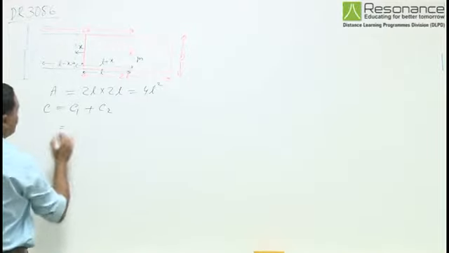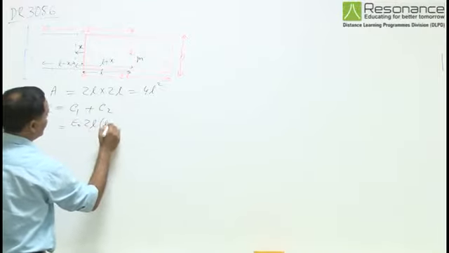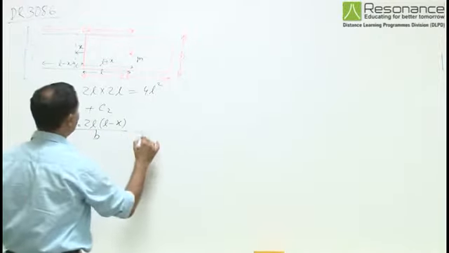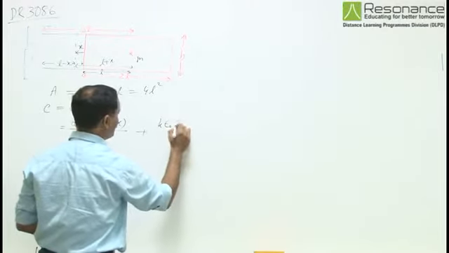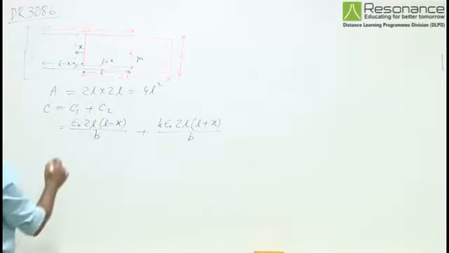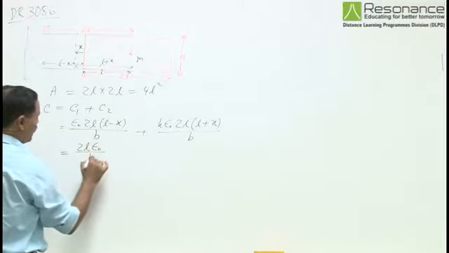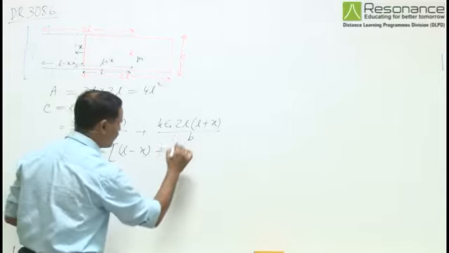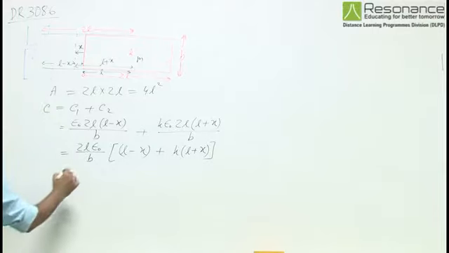Now for C1 we have epsilon naught into area 2L into L minus X by distance B, plus the capacitance of the dielectric portion, that is K epsilon naught 2L into L plus X by B. So total capacitance C is equal to 2L epsilon naught by B into L minus X plus K into L plus X. Let us rearrange the terms.